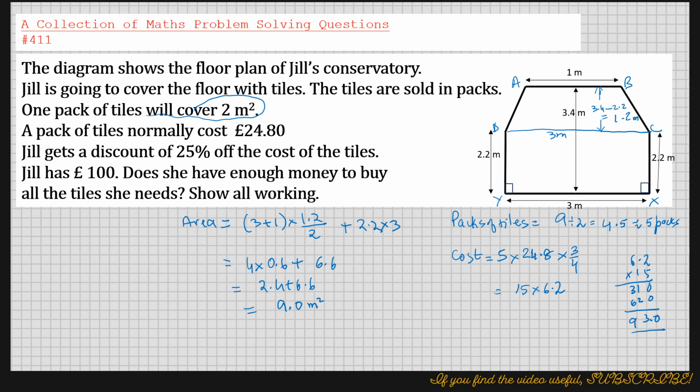So the cost would be £93. That's the total cost, and Jill has £100. So the answer is yes, she has the money to go ahead and buy the tiles.